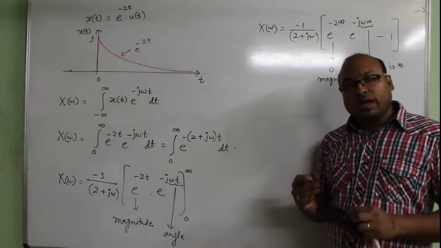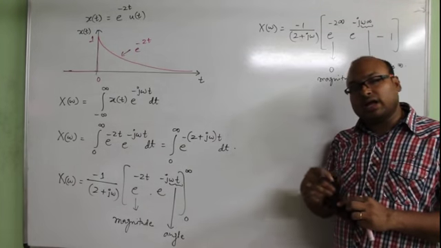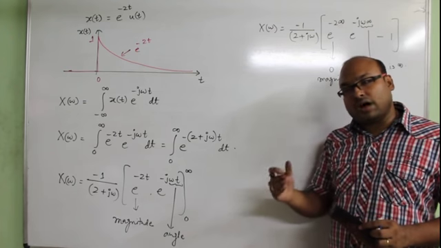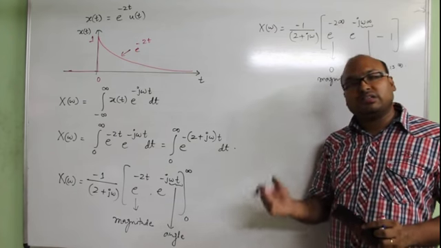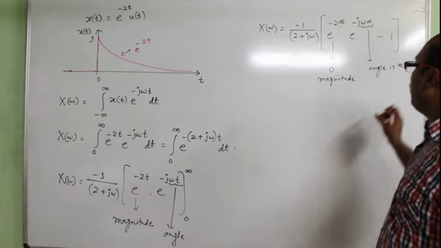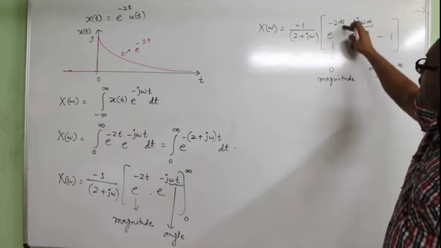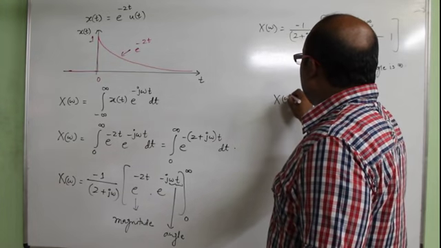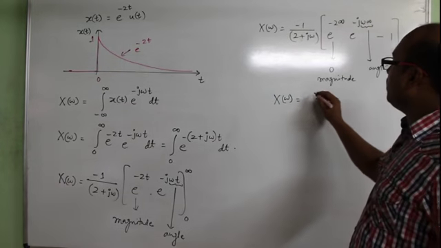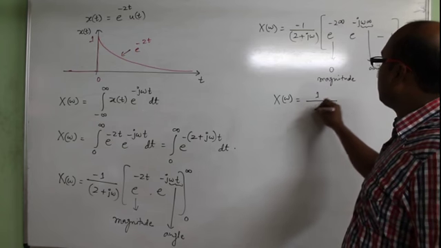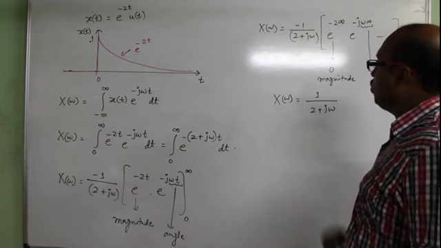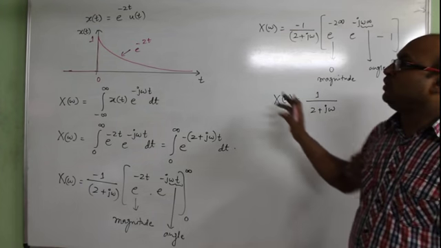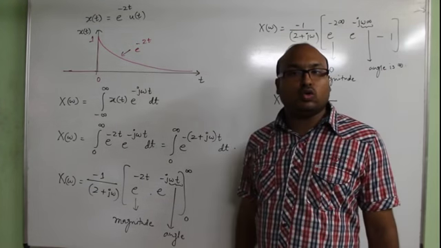Angle can take the value infinity because after 360 degrees it is a repetition of angle. So the magnitude is 0, and X(omega) now becomes 1 upon 2 plus j omega. This is the frequency spectrum or Fourier transform of e to the power minus 2t u(t).